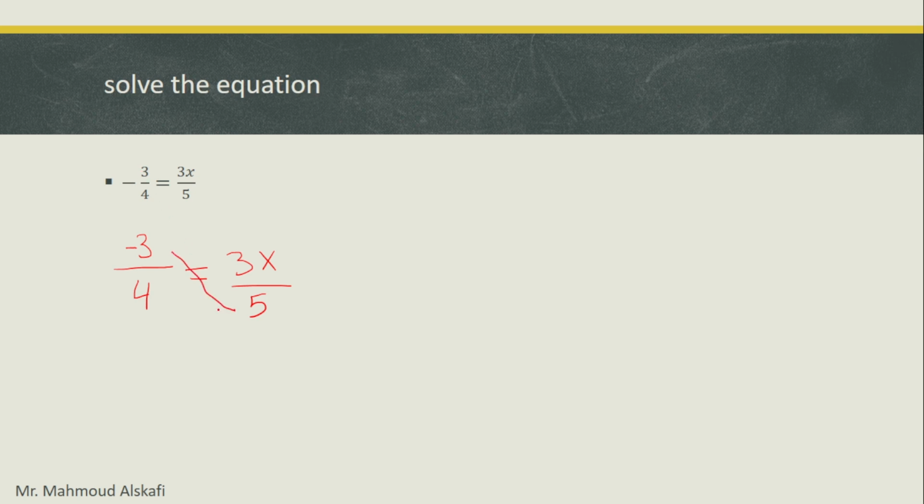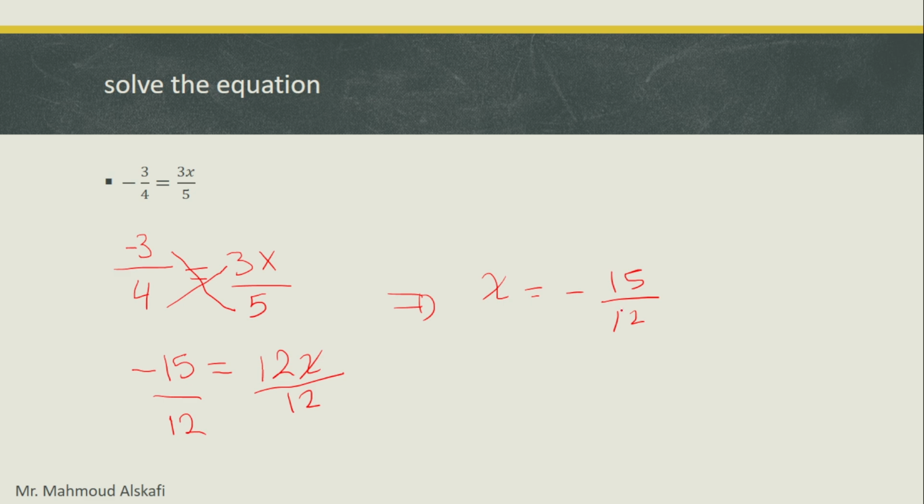After that, make a cross multiplication. So minus 3 multiplied by 5, or minus 3 times 5, gives me minus 15. Minus 15 equals 12x. In this case, divide over 12, over 12, x equals minus 15 over 12.